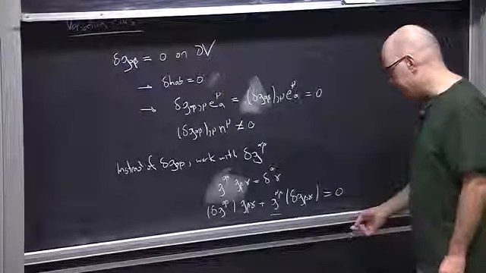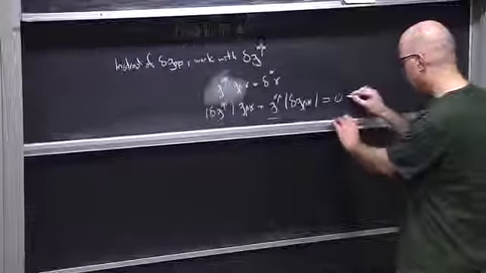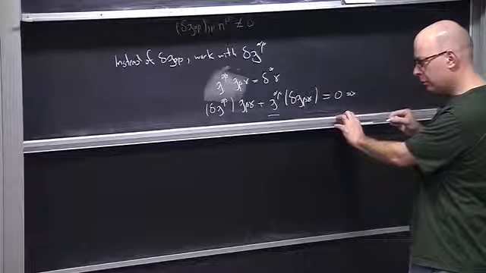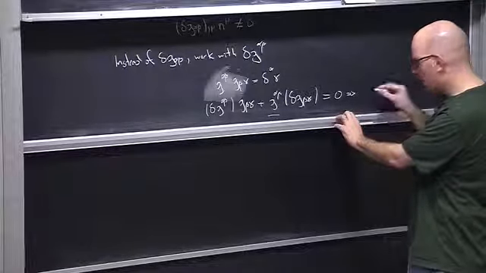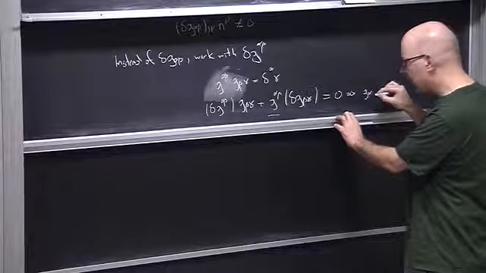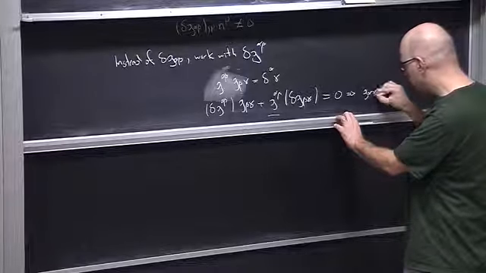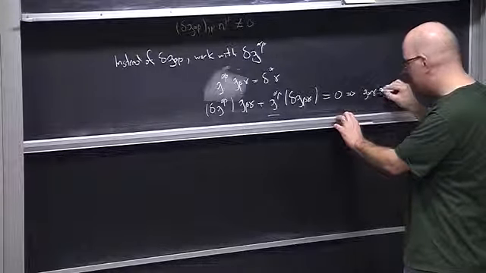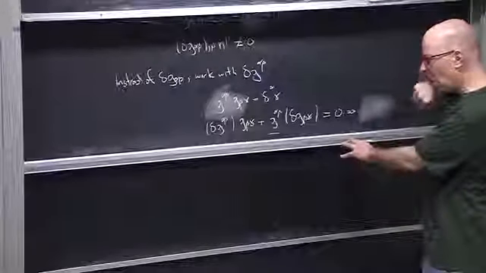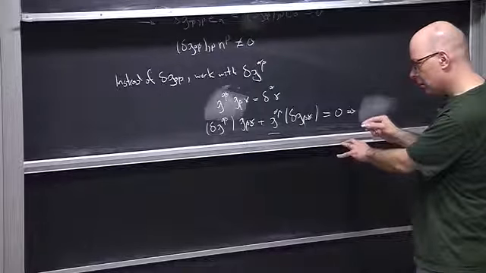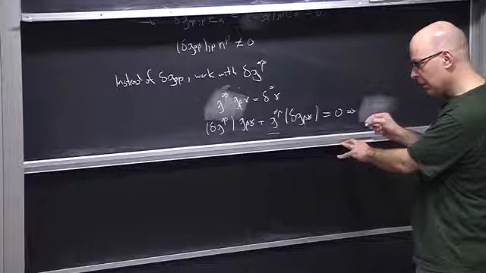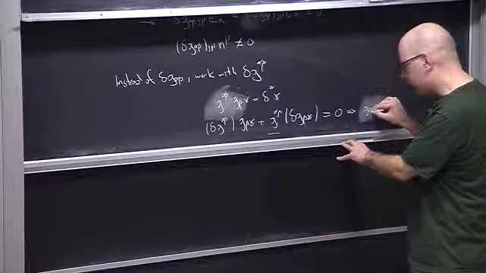So if I multiply this by G alpha delta, let me multiply this by G alpha.